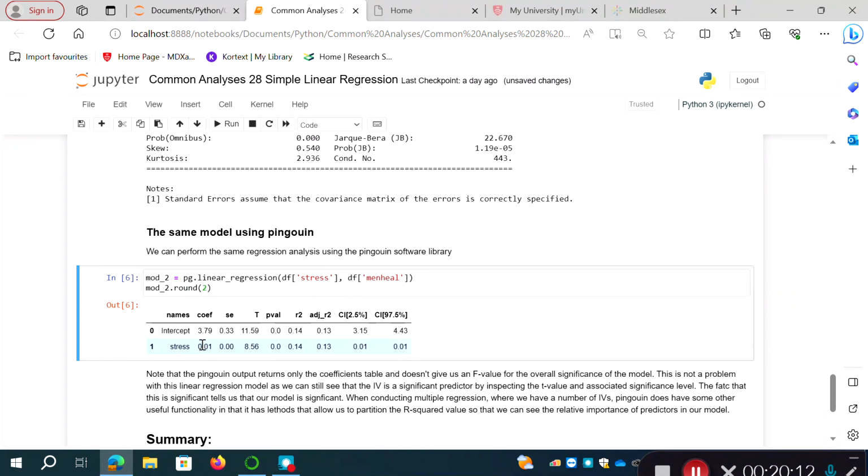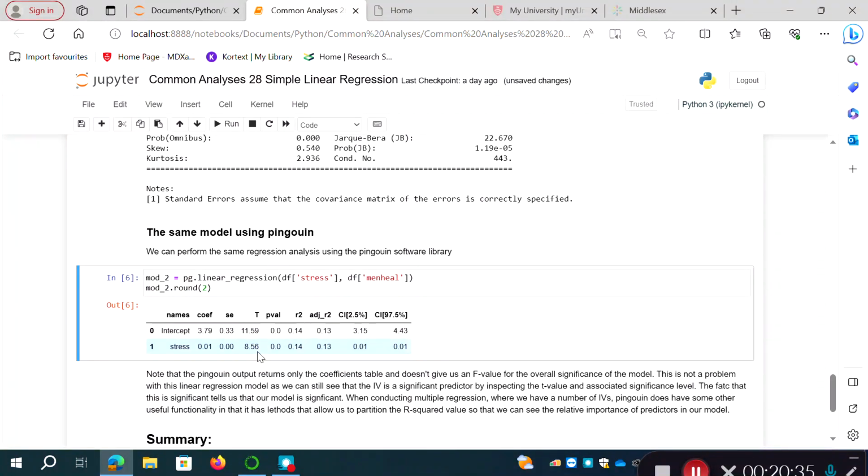It gives us the slope of our line and our intercept, as we saw before. It doesn't give us the F value, but remember what I said, you can just calculate that yourself. If you take the t value for the IV in a simple linear regression model, 8.56, and square that, it will give you the F value.